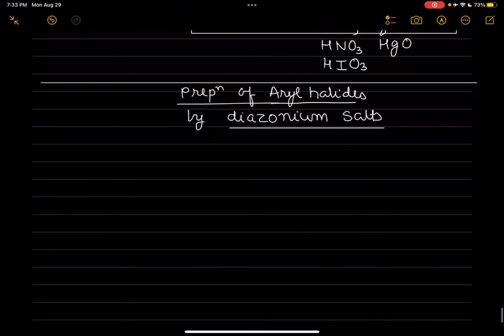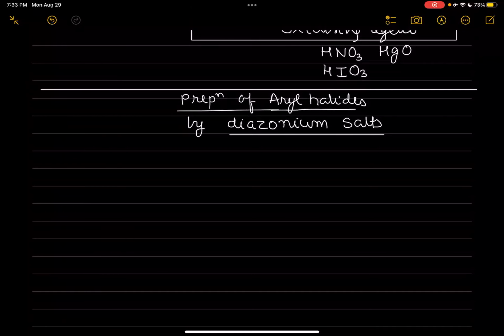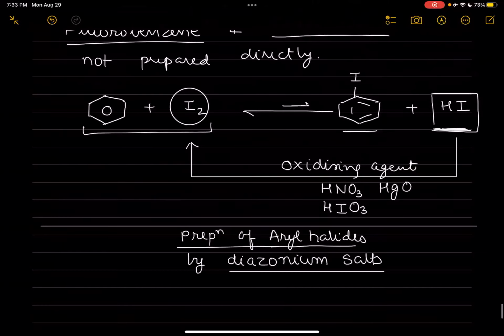Diazonium salts are a special class of compounds that can help you prepare aryl halides, aromatic halides, even those aromatic halides which can't be prepared directly.